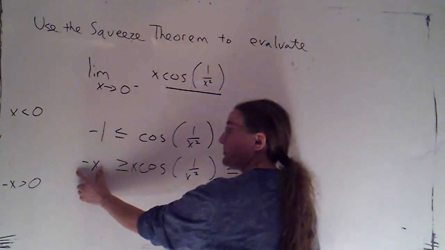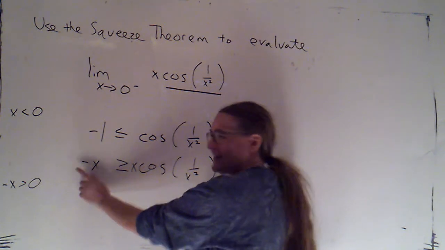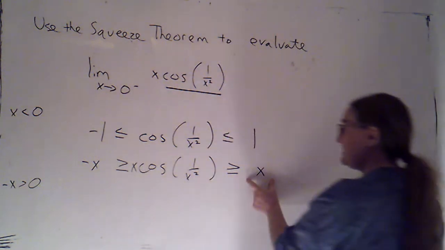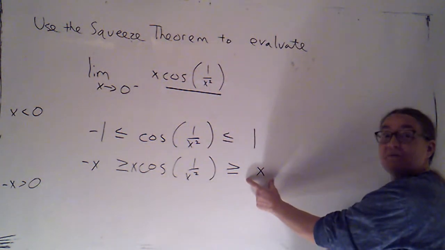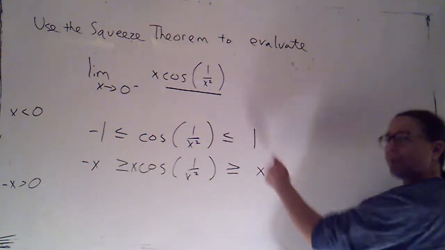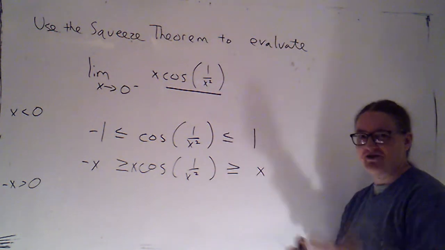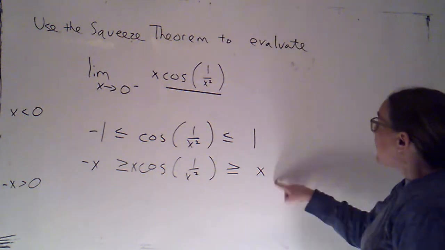Now, this is actually representing a positive number because it's the opposite of a negative number. And this is actually representing a negative number because we said that x was negative. If you throw in another negative sign, you're reversing the signs of things. You're changing everything.